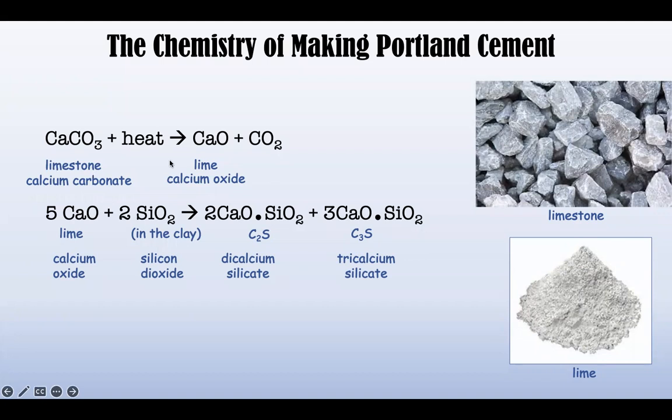And by big, I mean it's like 400 feet long, which breaks it down into lime, calcium oxide. And that combines with silica that's in the clay that's also present in this stuff to make these calcium silicates. And these are the main ingredients that are going to create the structures that create the strength in mortar and concrete.